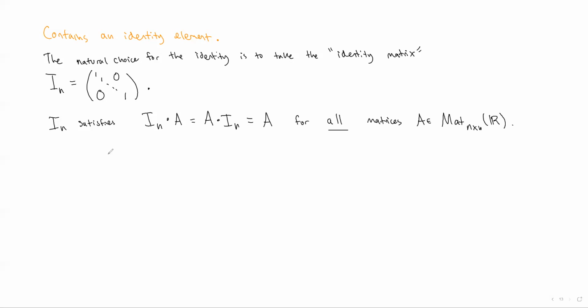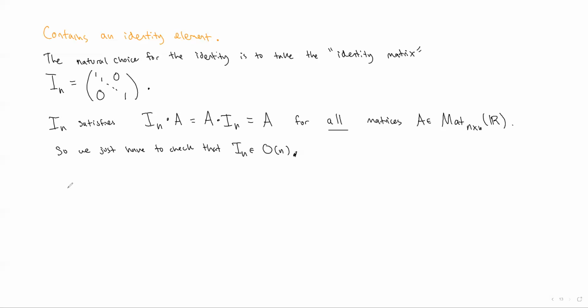So all we have to check is that I_N is in O_N. It already satisfies the condition we need for it to be an identity for O_N, because it's an identity for all matrices. So applying it to any matrix gives you back the matrix. So it definitely works in O_N too, but we just have to check that it's actually in O_N.